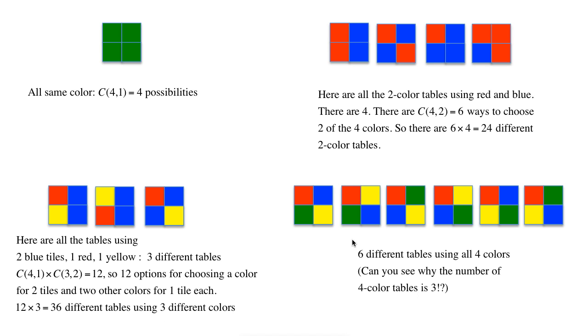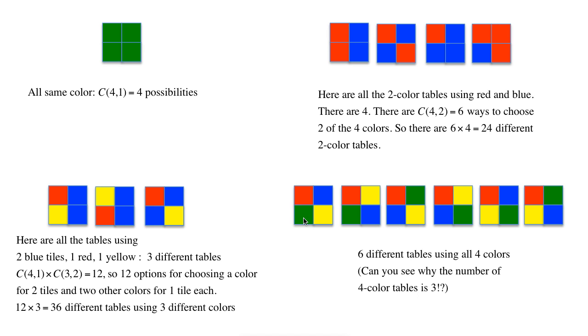And finally, let's think about how many tables we can make using all 4 colors. Turns out these are the only 6 different ones you can make. Let's observe a pattern that tells us why there should be 6. And to do that, let's think about fixating on the green tile.